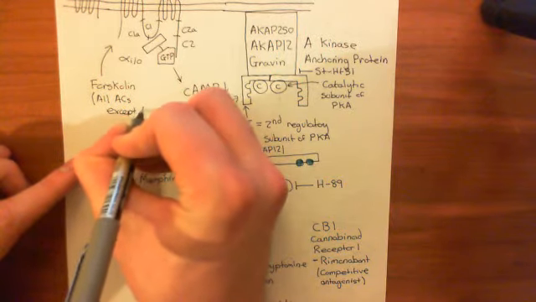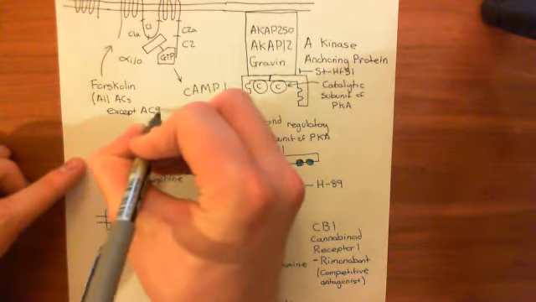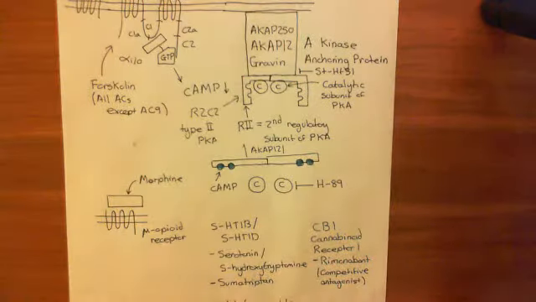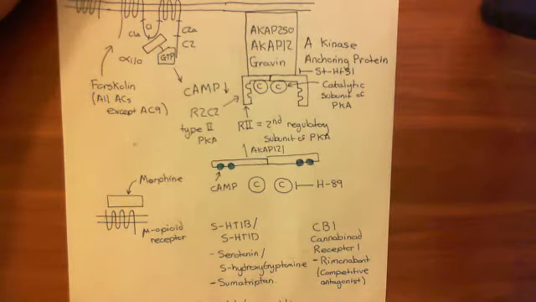So basically what it will do is the exact opposite of the G-inhibitory pathway. It will elevate cyclic AMP levels and therefore raise protein kinase A activation. So forskolin is a very important drug, at least experimentally. It's not very important therapeutically.